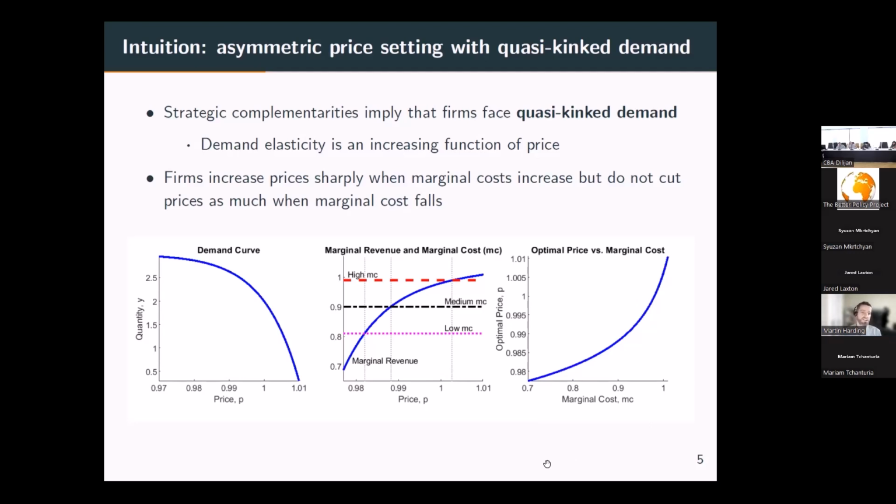So the key message here is that firms are going to increase their prices sharply when marginal costs increase, but they are not going to cut their prices as much when marginal costs fall. And this is the key asymmetry that is going to deliver the asymmetric distribution of inflation in the model.